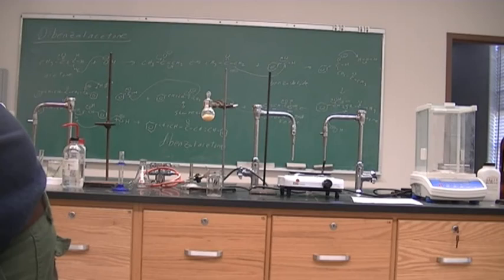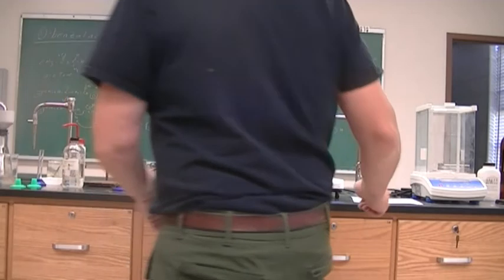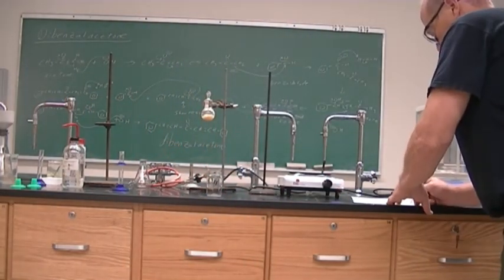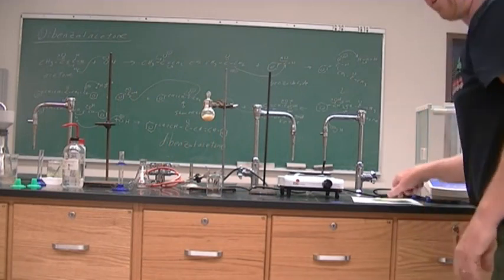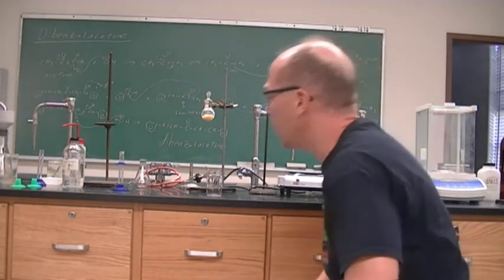We're at 104, no melting. 105, we're getting some melting. 106.5 is our melting point. So at 105 I saw a little bit of melting, and then at 106.5 it was all a liquid.